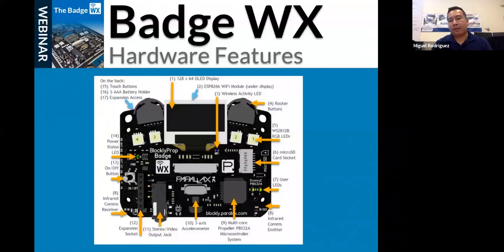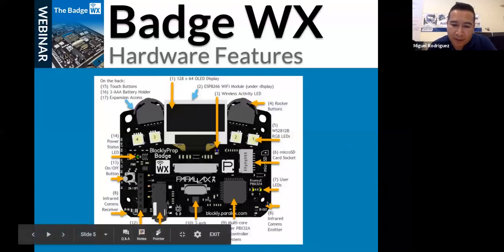What you can do with these badges is load your information, say Miguel Rodriguez, technical support, Parallax. I can load that information onto the badge, and I can have it transmit through infrared to another badge, and vice versa. They can transmit their information to me. So it's kind of like they're handing me their card and I'm handing them theirs.